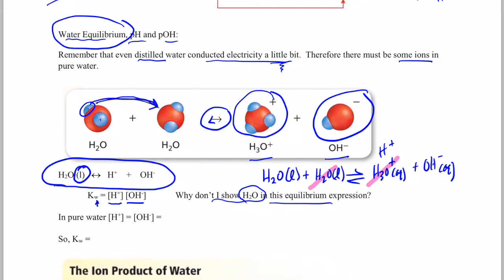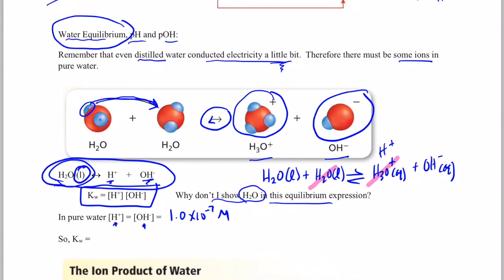So let's erase some of this. This equation here, you are going to need to learn. In pure water, it turns out, and this should make sense, that for every H plus or proton I make, I also make a hydroxide. Look at this equation. In pure water, for every one of these, don't I make one of those? Yes. And so the concentration of hydronium ions in pure water is 1.0 times 10 to the negative 7th molar.